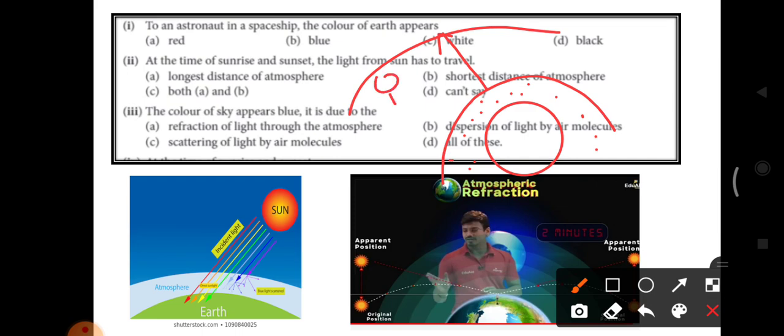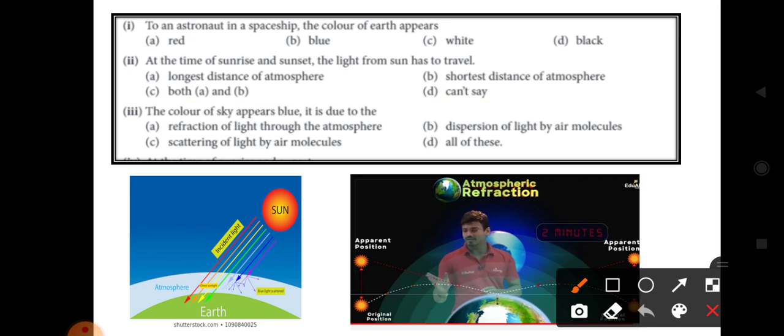So for the astronaut here, if there is no particle, the sunlight enters this space and there is no scattering. If there is no scattering, the sky appears only black in color. So the correct answer is black.